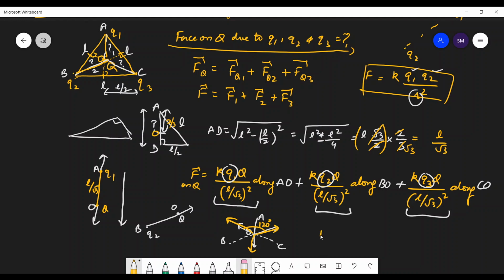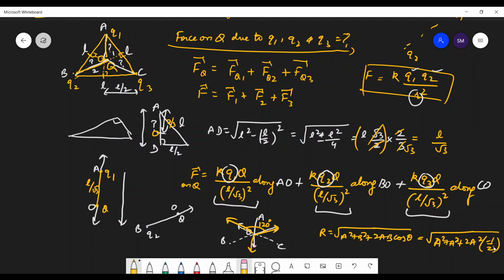So this is the result that I need to know. If you remember the formula, the resultant R of two vectors equals the square root of a square plus b square plus 2ab cos theta. If theta is 120 degrees, cos 120 is minus 1 by 2, and a and b are the equal forces. So I can write it as a square plus a square plus 2a square times minus 1 by 2.